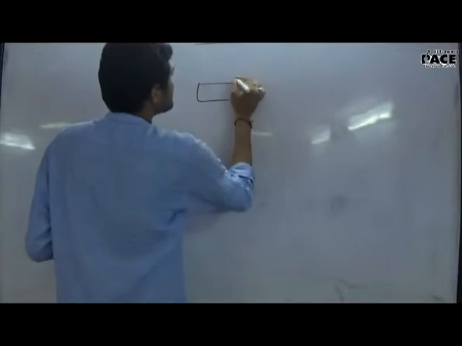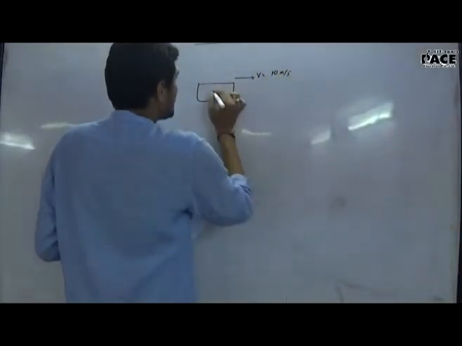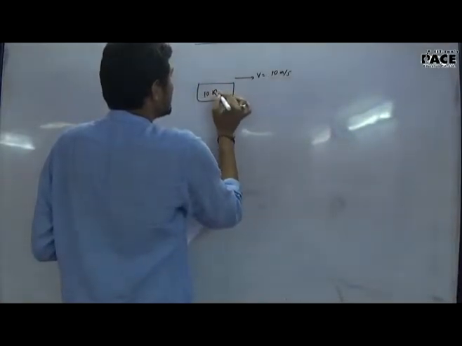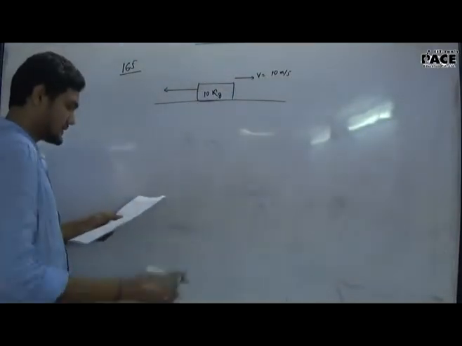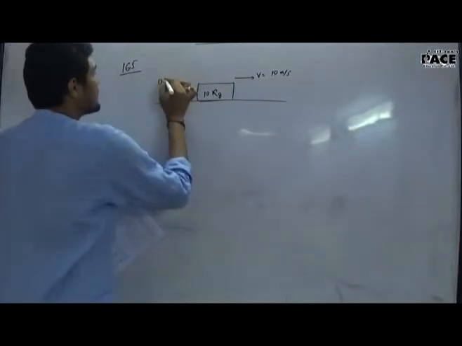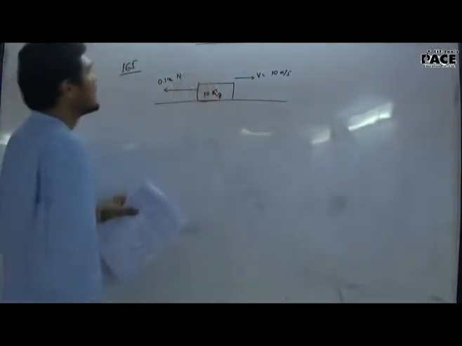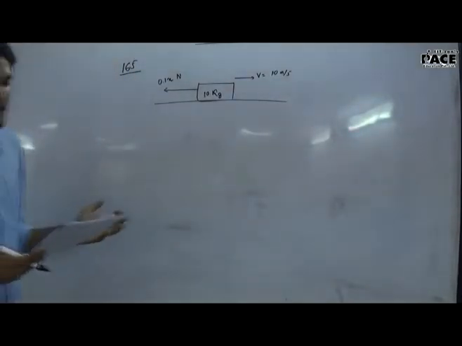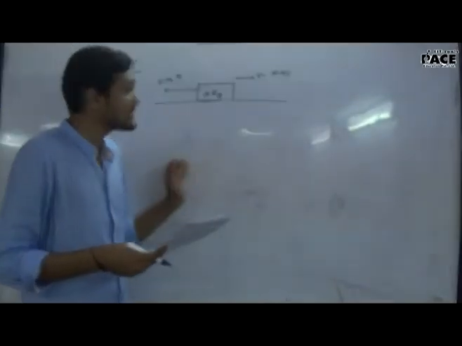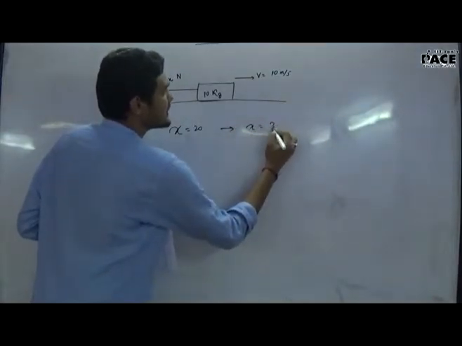Let's say the particle was initially moving with a velocity of 10 meters per second, the block weighs 10 kg, and there is a retarding force acting on the particle equal to 0.1x newtons. The particle travels from x equal to 20 to x equal to 30.